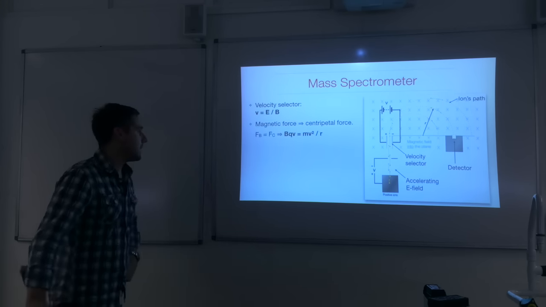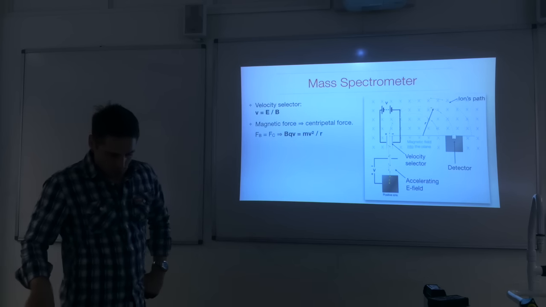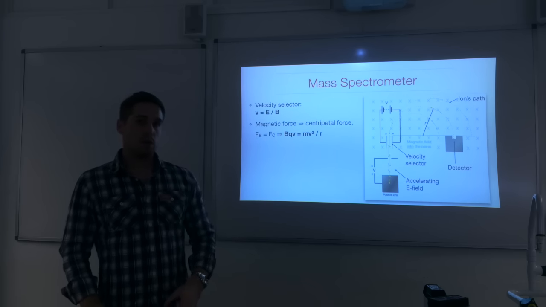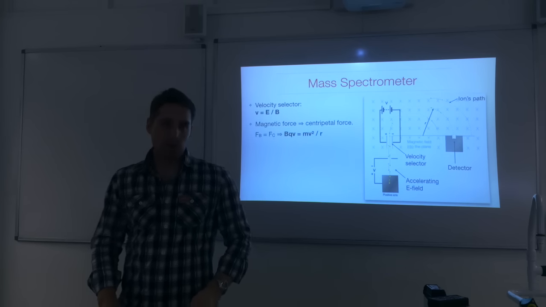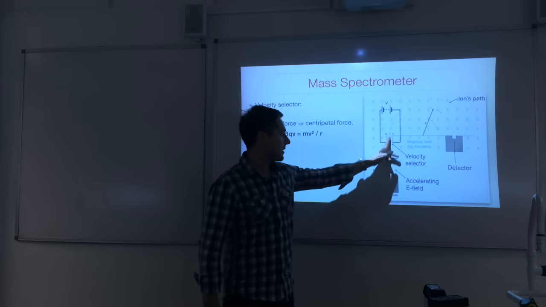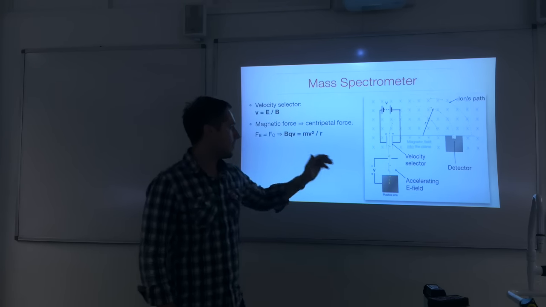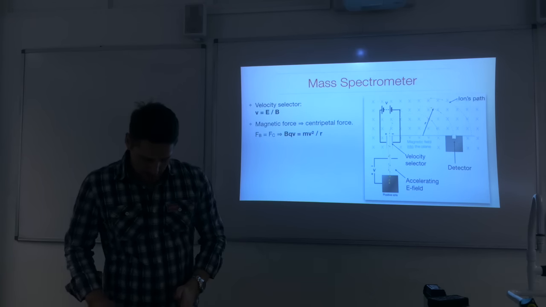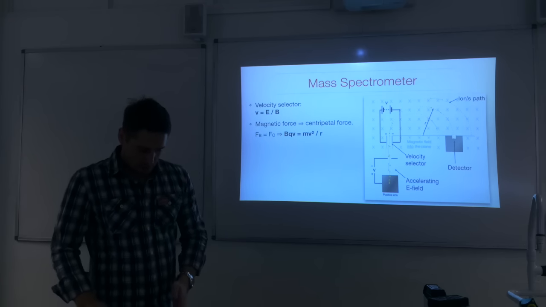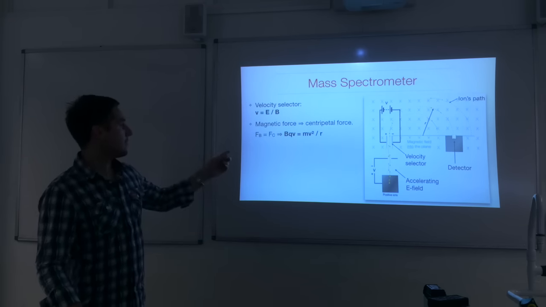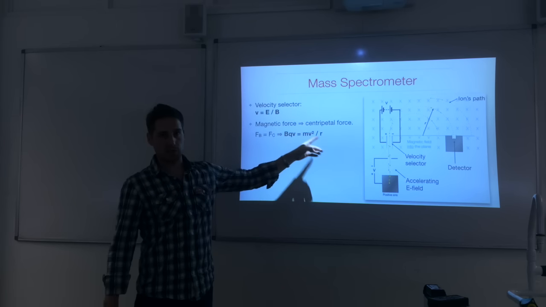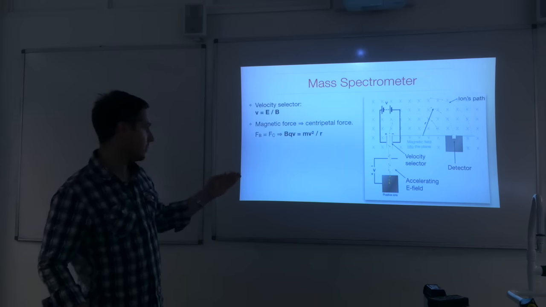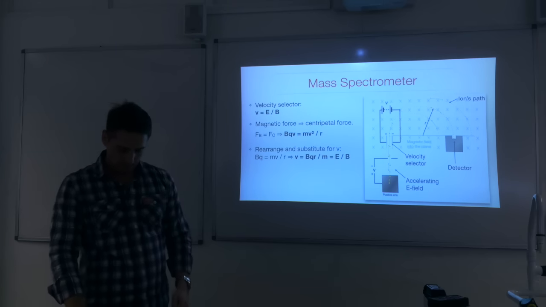So, in our velocity selector, we will only get charged particles with charge Q coming out of the velocity selector correctly, so coming out of here at the right speed. And then the magnetic force provides a centripetal force, so F_B, we've already seen this arrangement here, BQV equals mv squared over r.